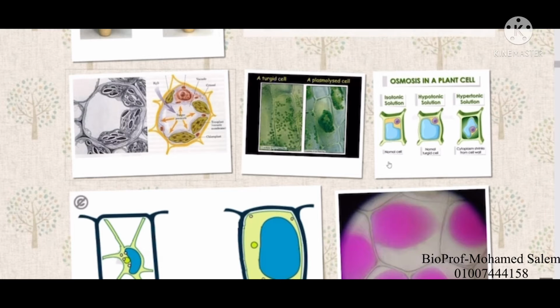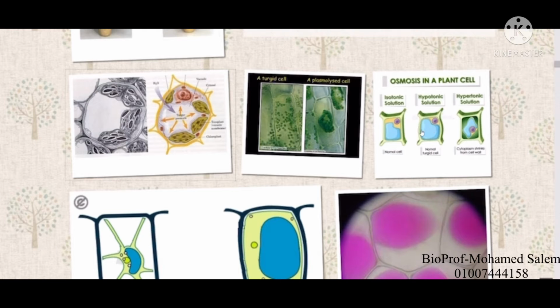And osmosis in plant cell, we have three types of solutions. If we put a cell inside isotonic solution, this isotonic solution means the concentration of water and the concentration of salts are equal, so no movement here, so the cell stays at its normal size, okay?